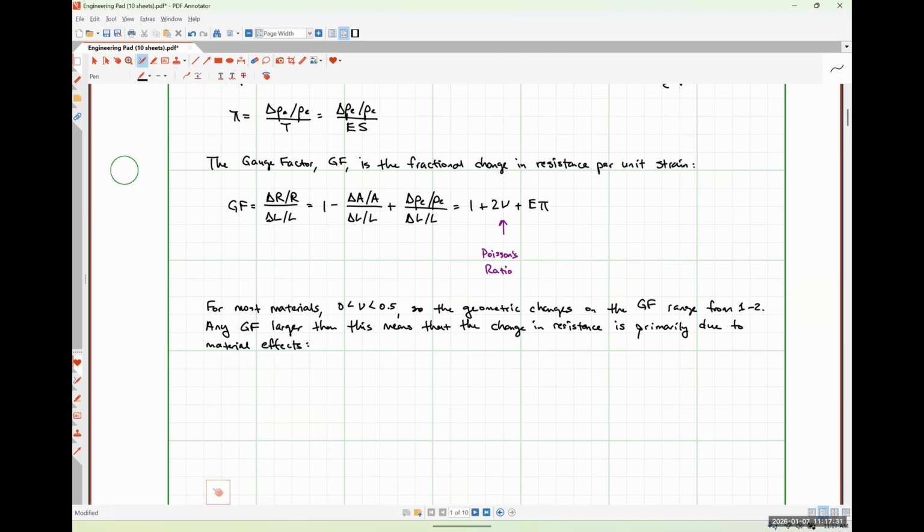In other words, we could say that our gauge factor is going to be approximately equal to Young's modulus times our piezoresistive coefficient.